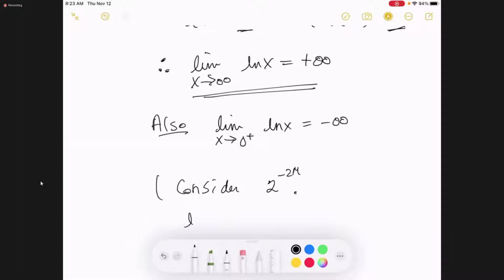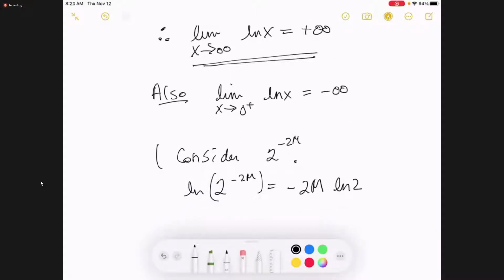Then ln of 2 to the minus 2m is, okay, you can bring that minus 2m down. And that's less than, okay, ln of 2, we proved that ln of 2 was between 1/2 and 3/4.